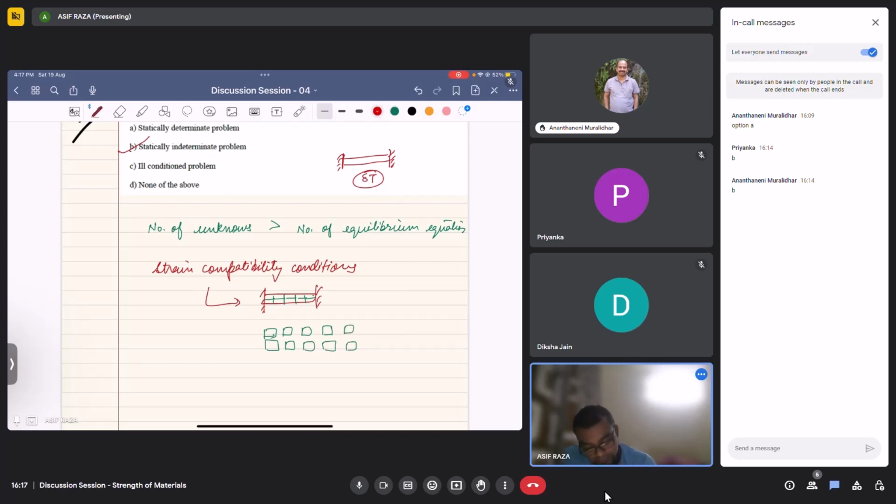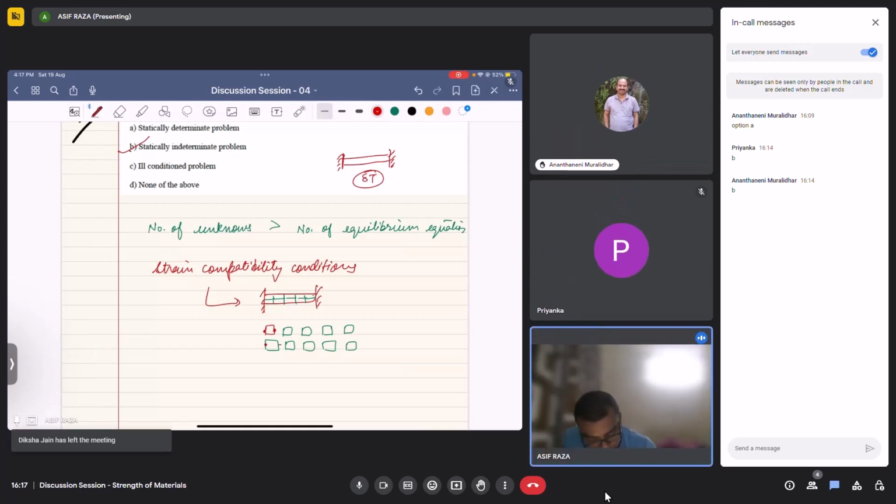There would be displacements here, here, here, here, say.